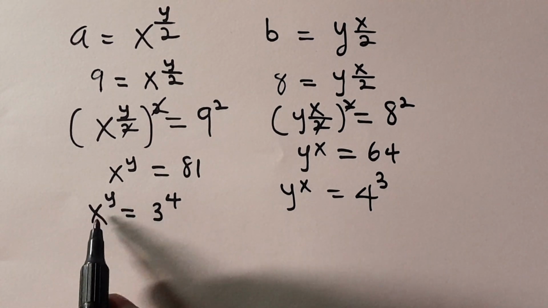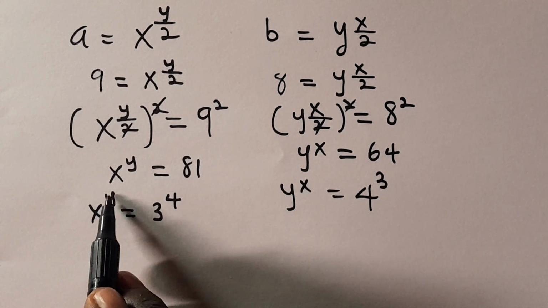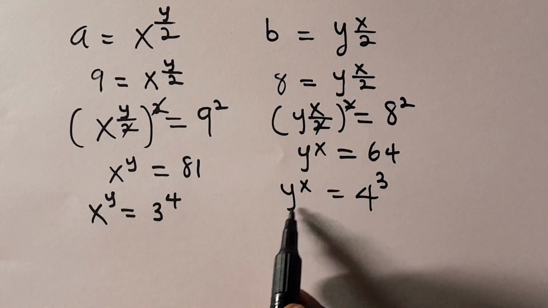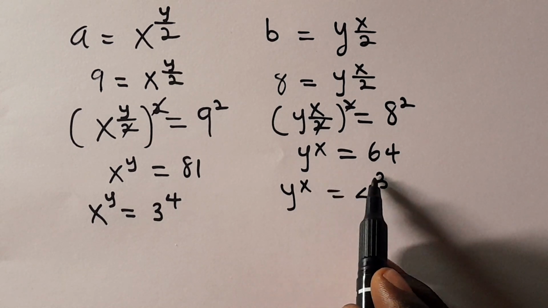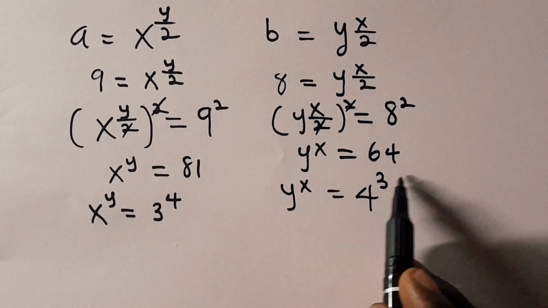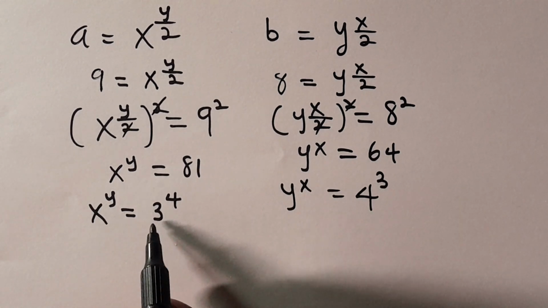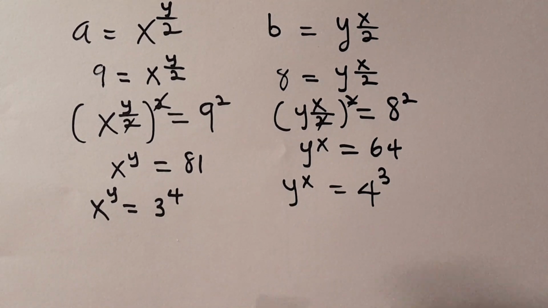Now, let's take a look at this thing very well that we have here. We have x raised to power y equals 3 raised to power 4, y raised to power x equals 4 raised to power 3. From here, this equals this, x equals 3, and also here x equals 3, so it satisfies.